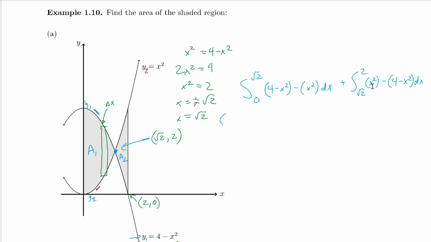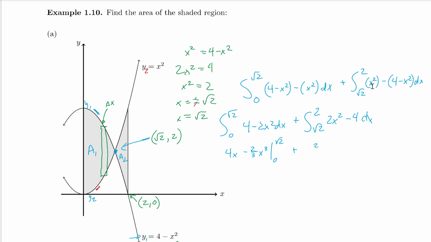All right, so let's calculate these integrals now. We have the integral from 0 to square root 2 of 4 minus 2x squared dx plus the integral from square root 2 to 2 of 2x squared minus 4 dx. And when we integrate these things, we get 4x minus 2/3 x cubed evaluated from 0 to square root 2.